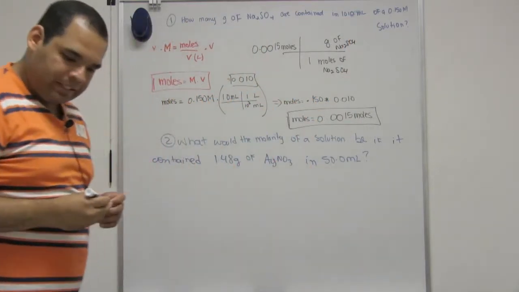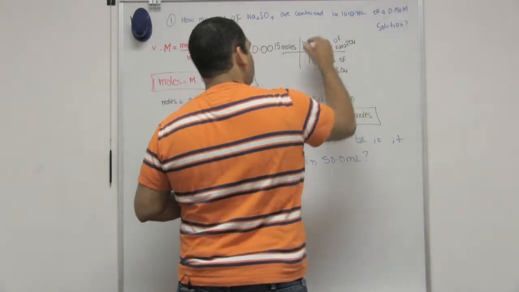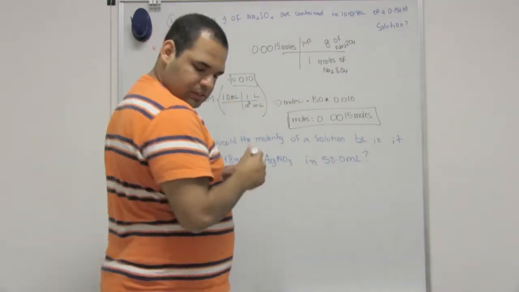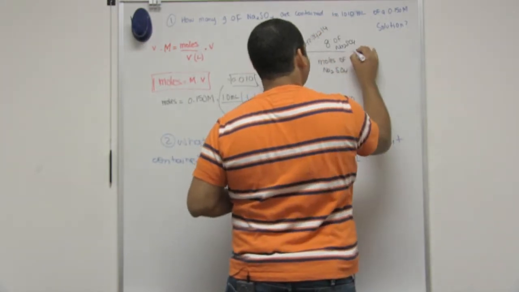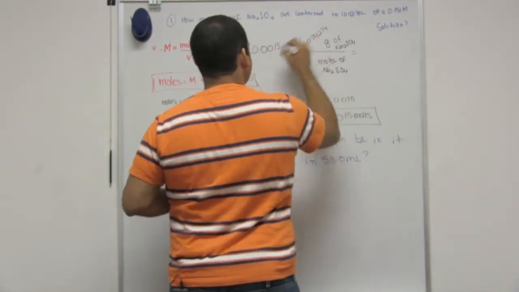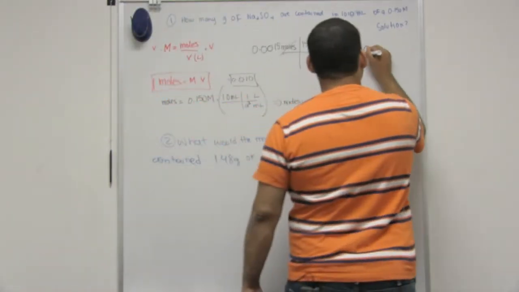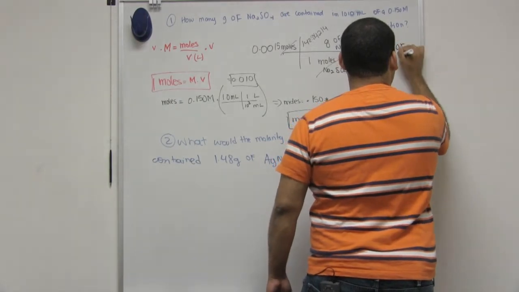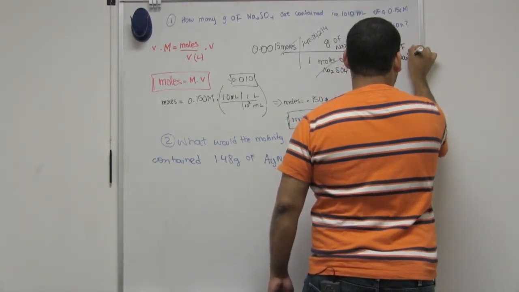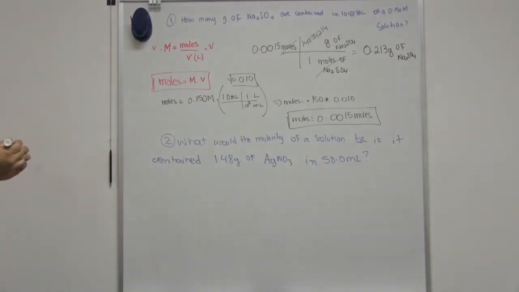I already calculated the molar mass as 142.04214. Moles and moles cancel out, and my final answer is 0.213 grams of Na2SO4.